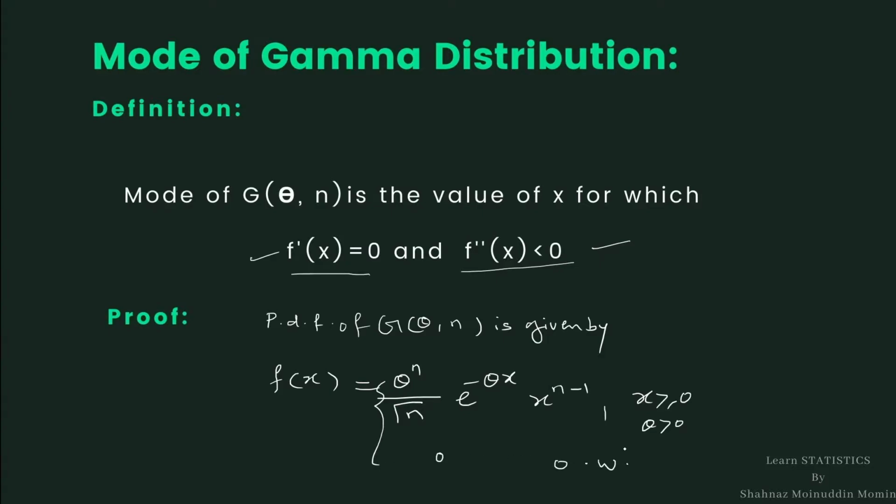This is the PDF of gamma distribution. We shall take the logarithm on both sides of the PDF.